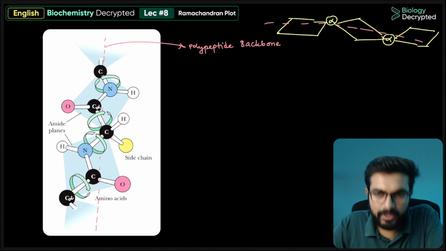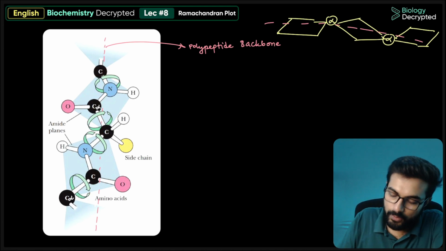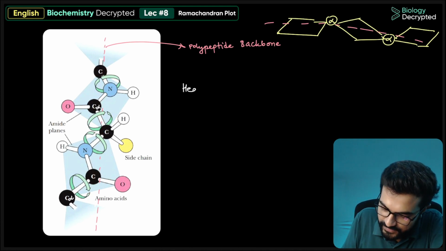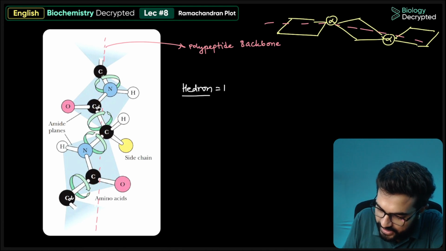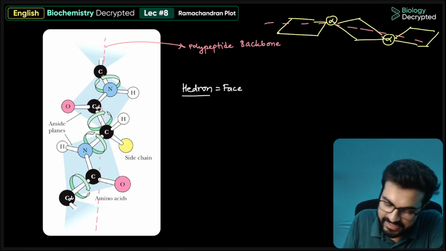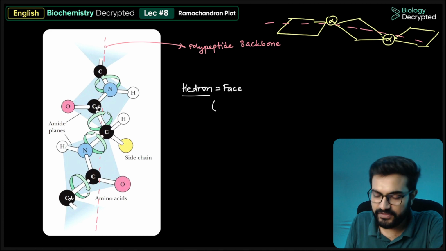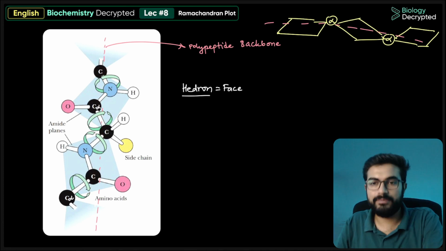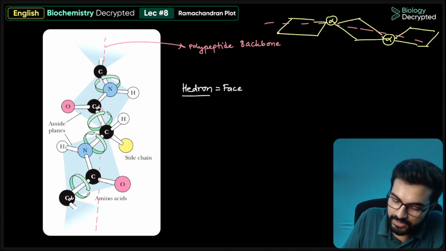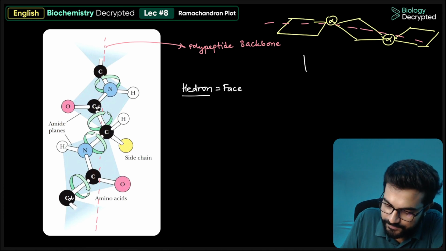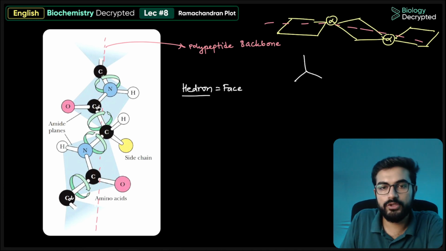Now if we talk about hedron, for example, what does hedron mean? The word itself means face, and in this case we'll be talking about different triangular faces. For example, if you remember the Newman projections, this is how Newman projections were used.